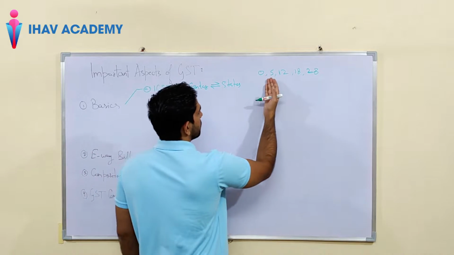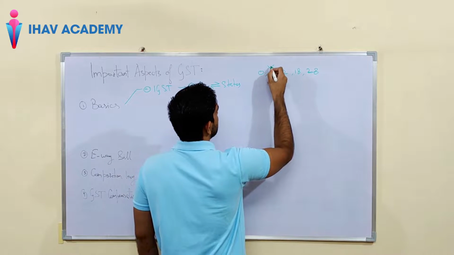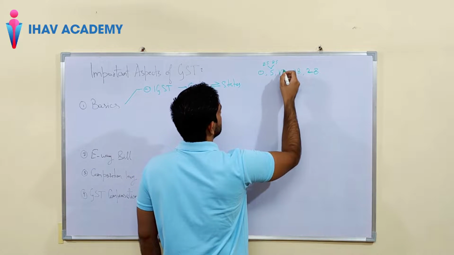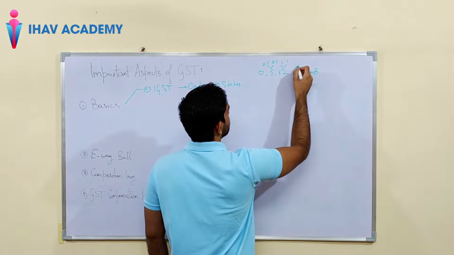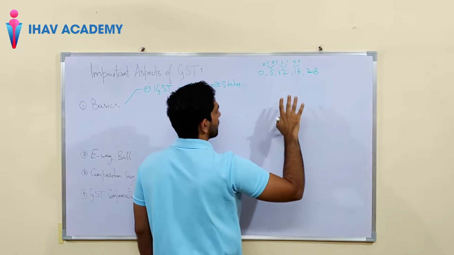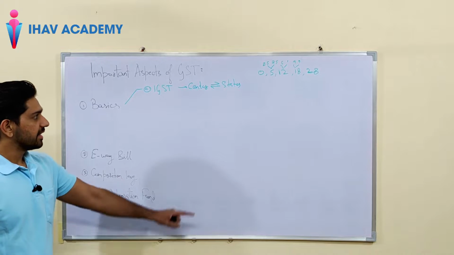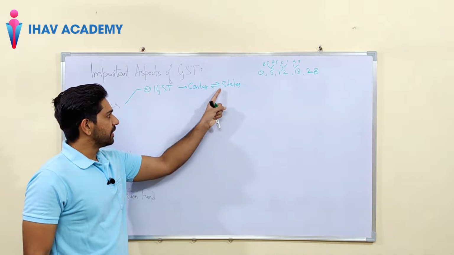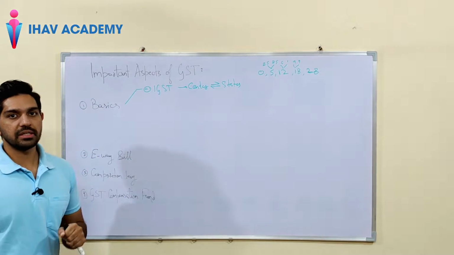So if we have to bifurcate 5 into 2.5, 2.5, 6, 6, 9, 9 and so on. Understood? So center and states will equally divide this IGST.